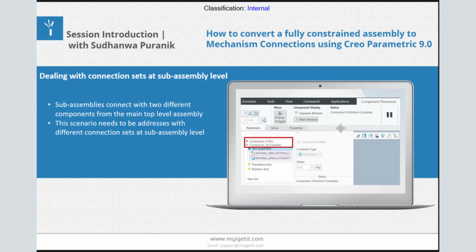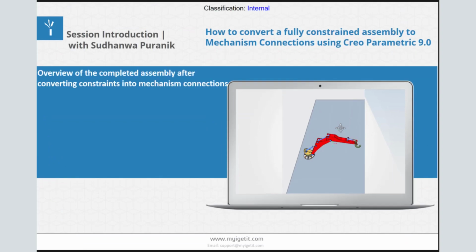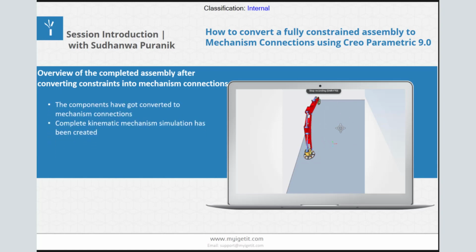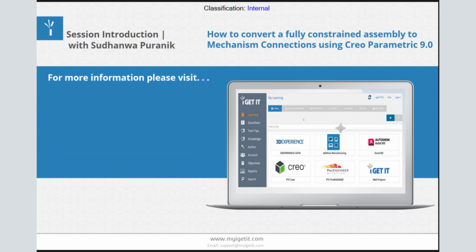After covering these three major topics, at the end of the session, I will focus on a complete overview of the entire top level assembly, where I will have converted all the constraints into mechanism connections. I will show there a brief kinematic simulation overview. So with this, let's start and look at this in PTC Creo 9.0.